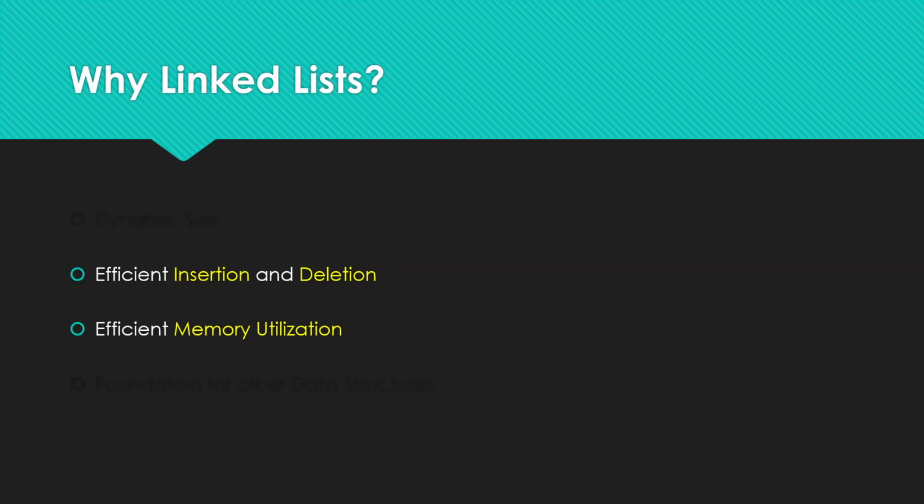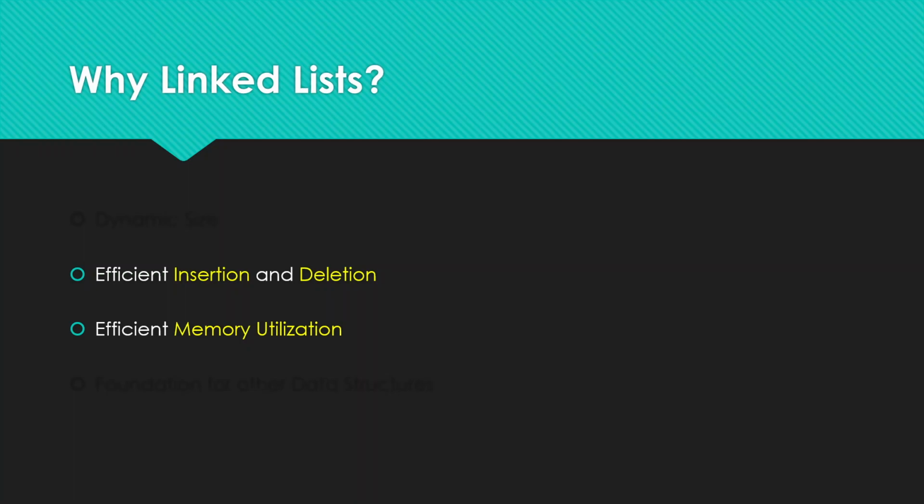Linked lists are also efficient when it comes to the usage of memory, because unlike arrays, where if we need to add an item, more space is going to be created, sometimes even more than what we need. With linked lists, we only create a node when it's needed.